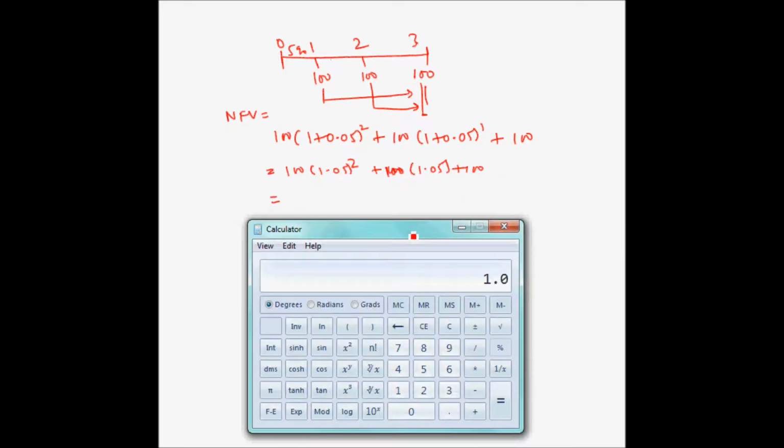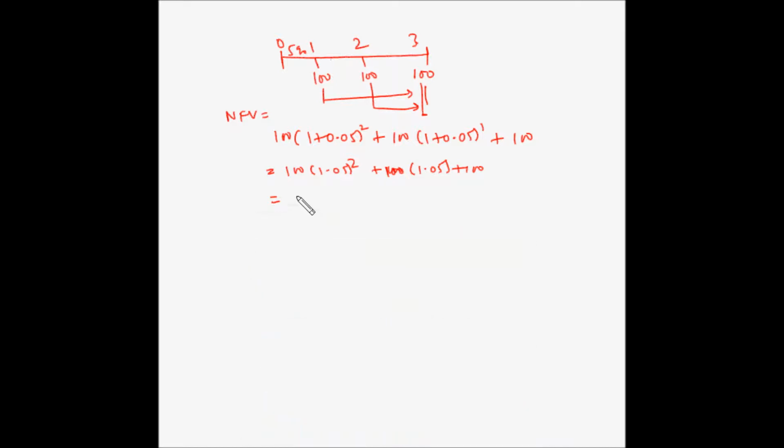So 1.05 square into 100 plus 1.05 into 100 plus 100. So 315.25 rupees.